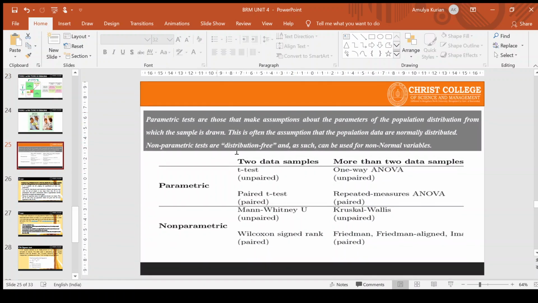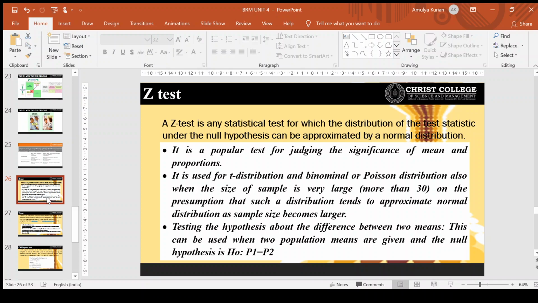What do you mean by parametric test? What are the different parametric tests which can be used? Usually non-parametric tests will be used in behavioral science, where the distribution cannot be clearly determined or told. Then there is Z test.